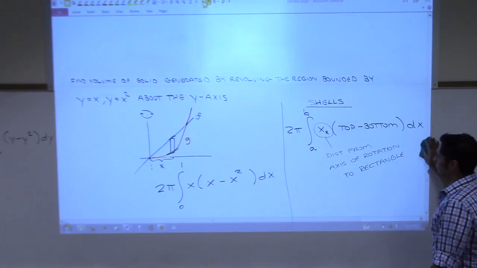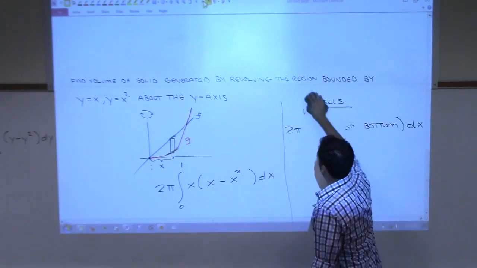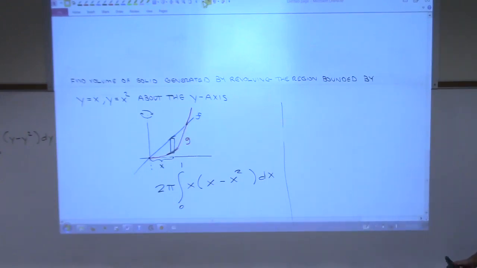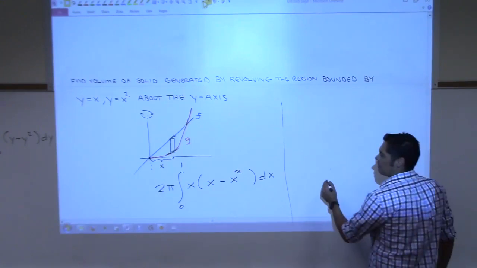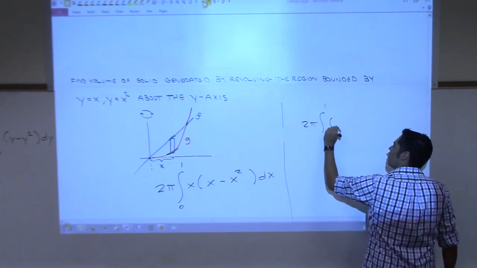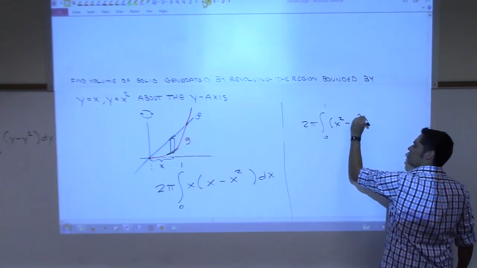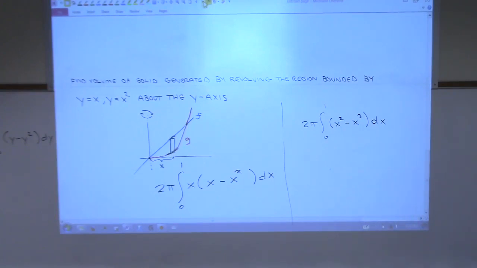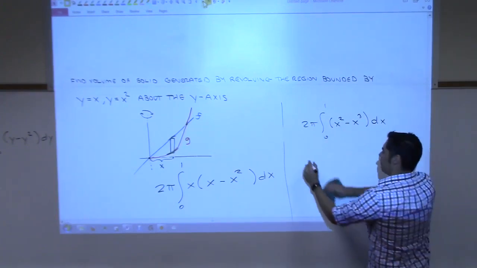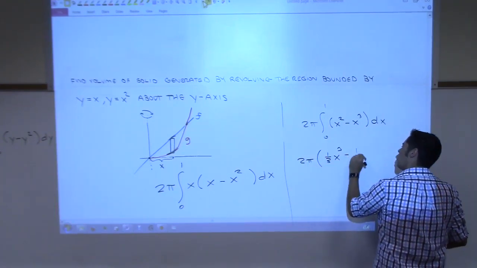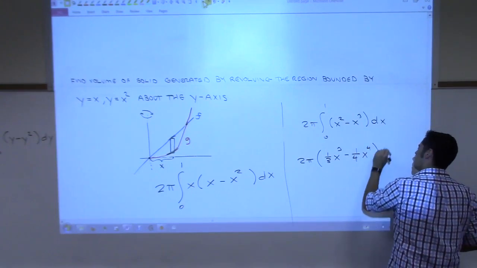All right. I'm curious if we're going to get the same answer. Should we? We should, right? All right, let's try it. This is 2 pi integral 0 to 1 of, I'm going to distribute the x through, x minus x cubed dx, right? Integrate: 2 pi times 1/3 x cubed minus 1/4 x to the 4th from 0 to 1.